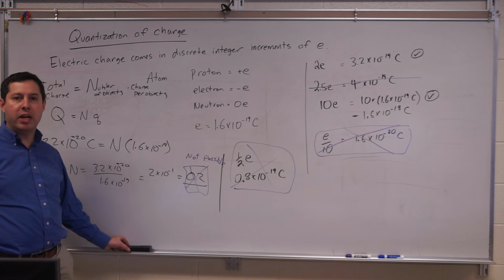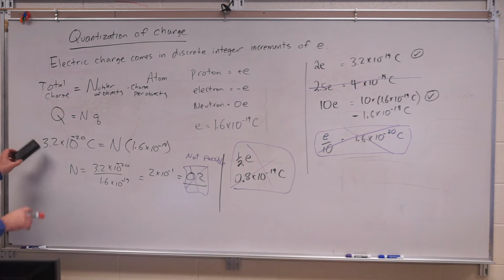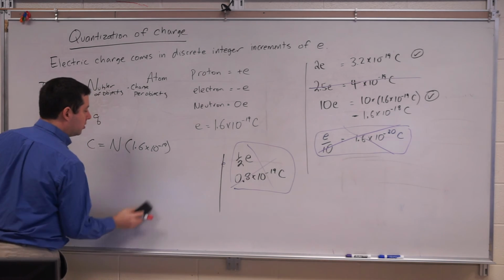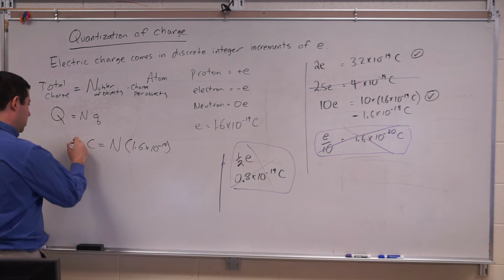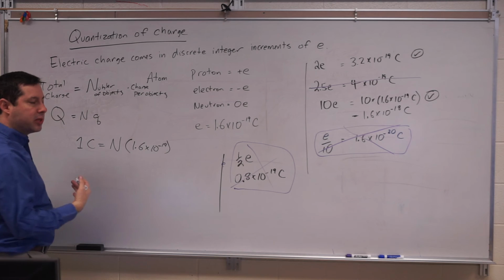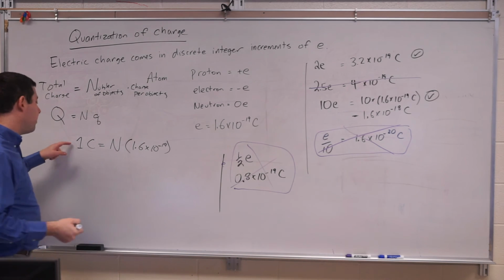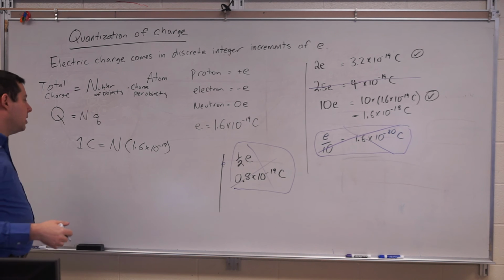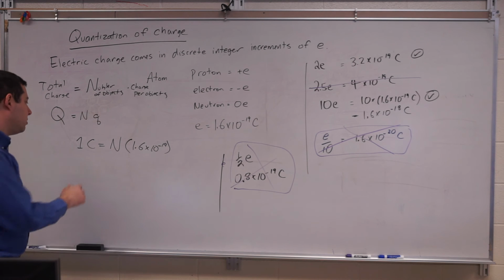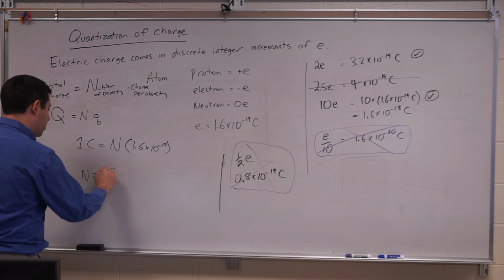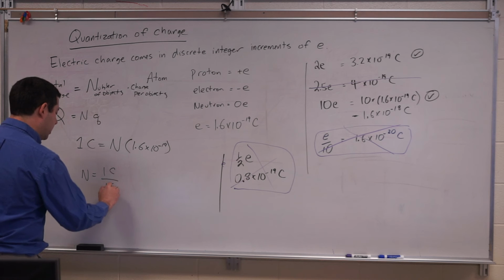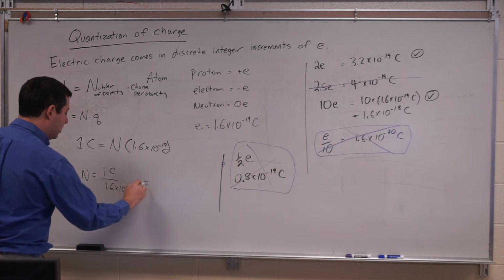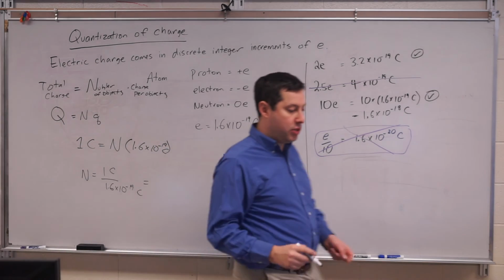In case you're wondering how big a coulomb is, I'm going to erase this in just a second. Let's say 1 coulomb is equal to the number of protons times the charge of a proton. Negative 1 coulomb is going to have the same number of electrons as a positive coulomb would have protons. So N equals 1 C over 1.6 times 10 to the negative 19th.